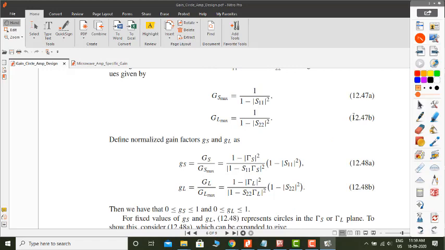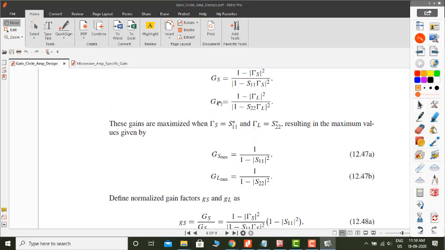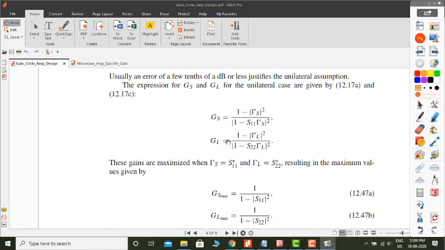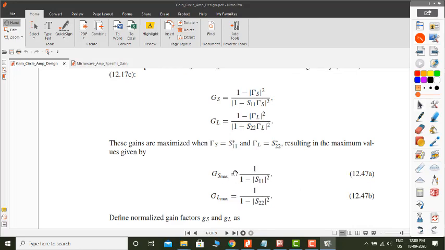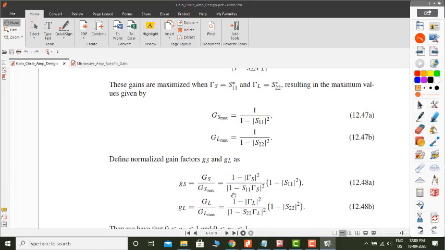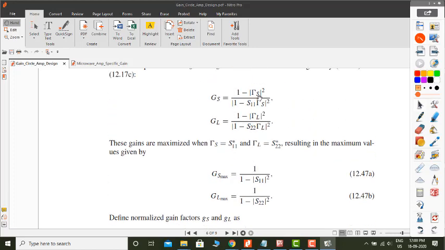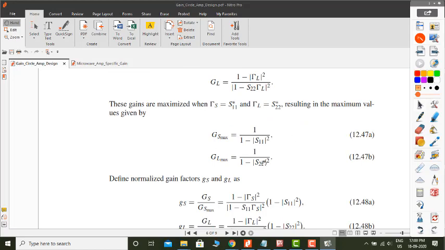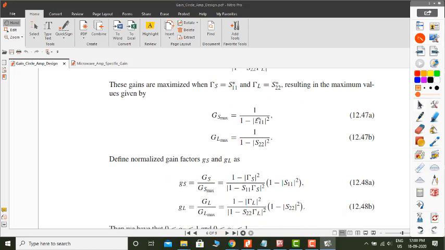Next, we are going to do the normalized gain factors gS and gL. This is the actual gain for the unilateral case, and this is the maximum gain. So the normalized gain will be this actual value divided by the maximum value. The actual value GS by GS max gives us this expression divided by this expression.